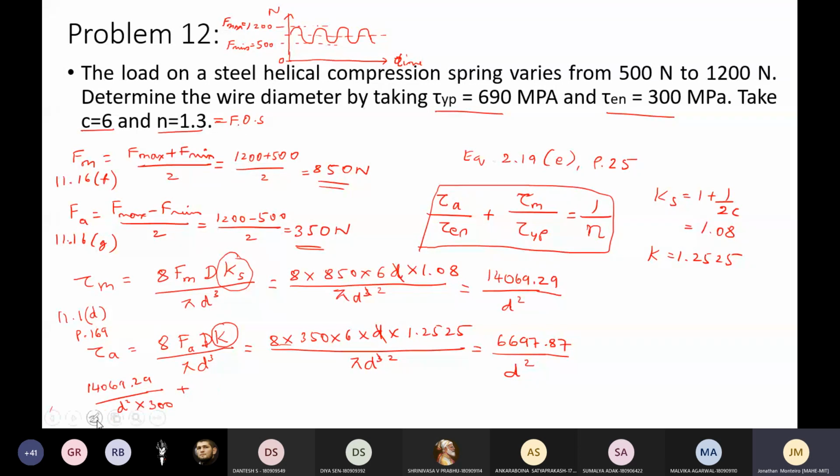Oh, I think I made a mistake here. This is tau a, no? 6697.87.